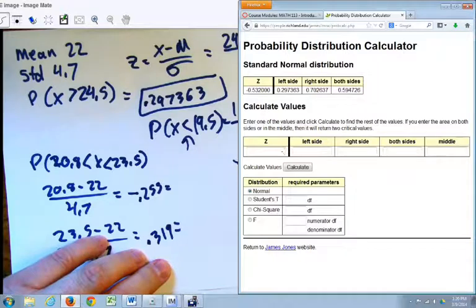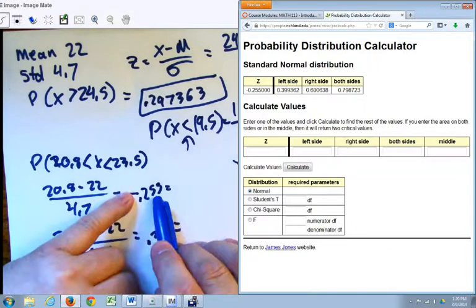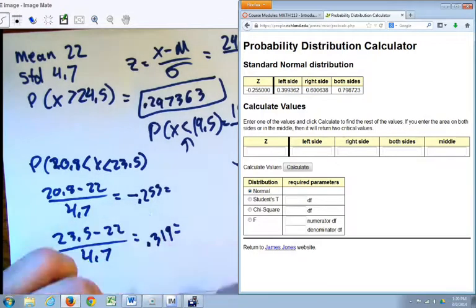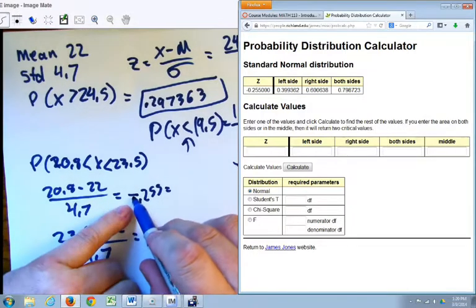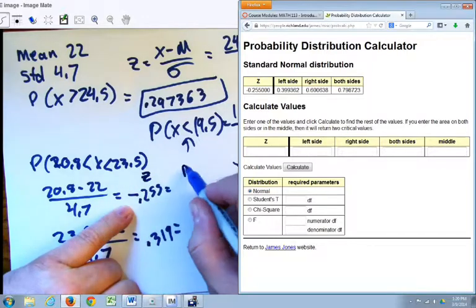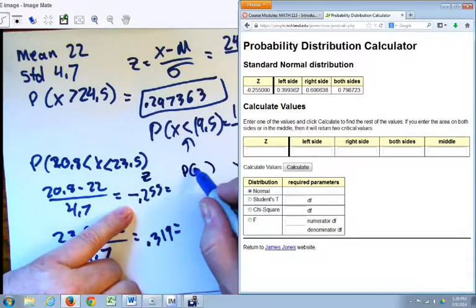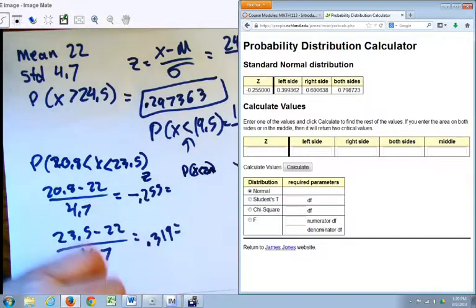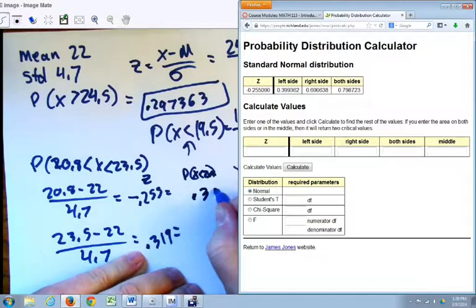Negative 0.255. Because remember, these are z-scores until we put them in. You also notice that it is impossible for a probability to be negative, so it's easy to remember these are z-scores versus probabilities that x is less than 20.8 or less than whatever we're looking for. In this case, we get 0.399.